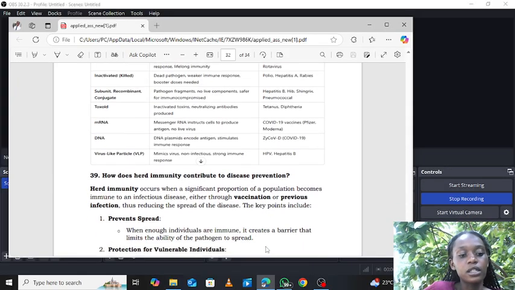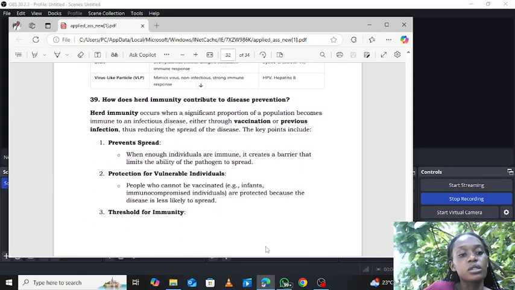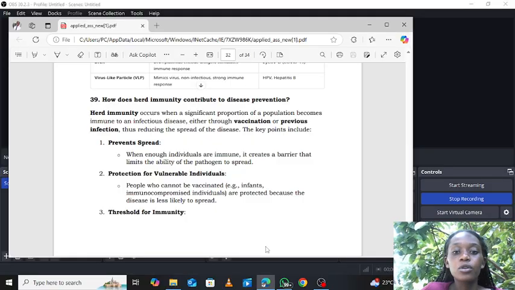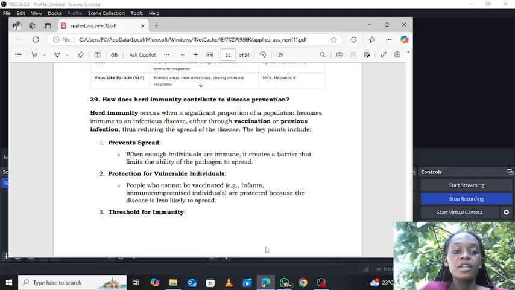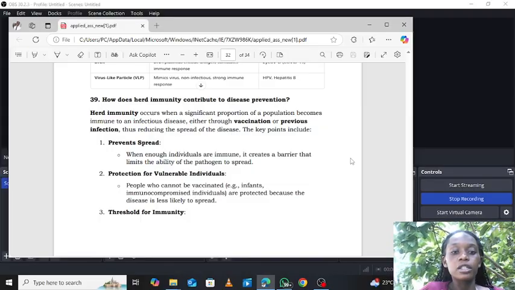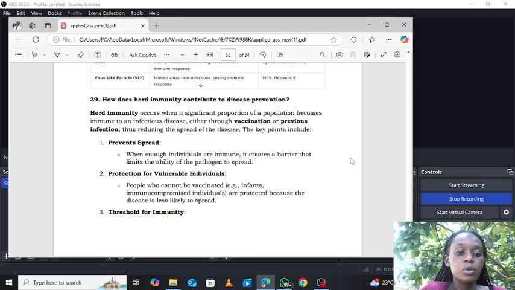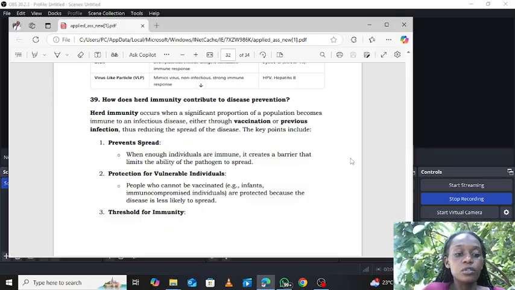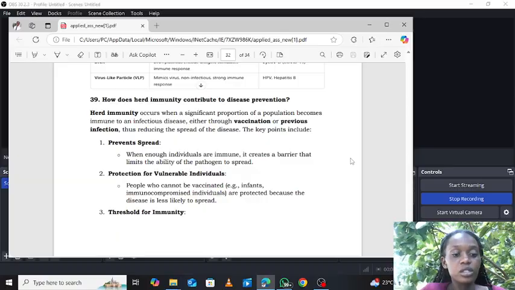And we move on to question 39, which asks how herd immunity contributes to the prevention of disease. Herd immunity occurs when a significant proportion of the population becomes immune to an infectious disease, either through vaccination or previous infection, thus reducing the spread of disease. The key points include preventing spread, protection for vulnerable individuals, and threshold of immunity.